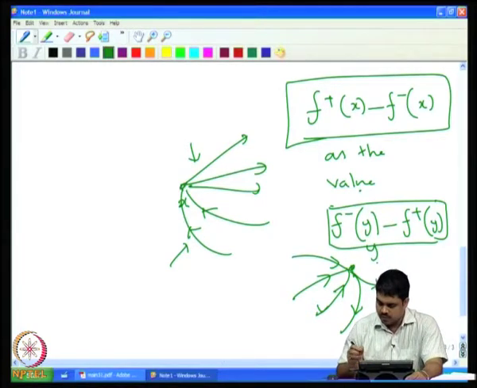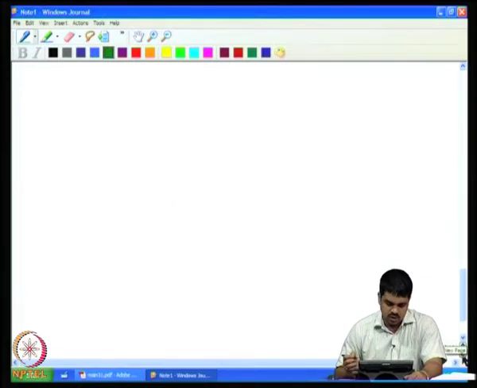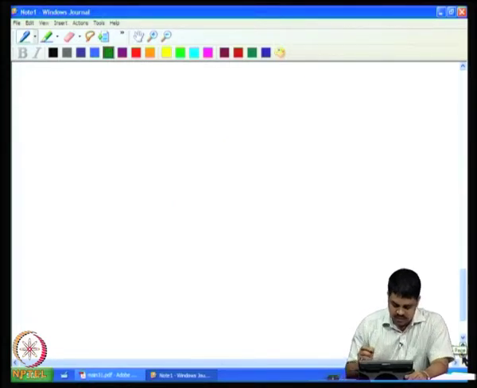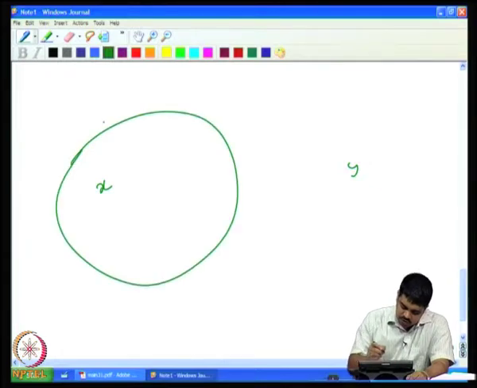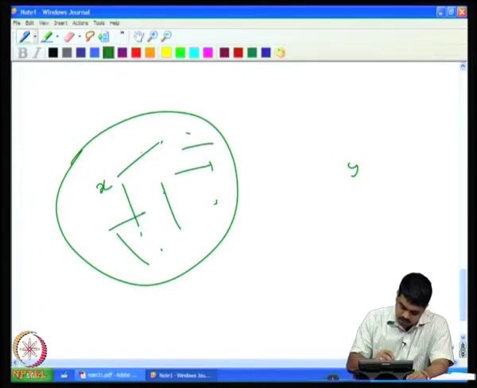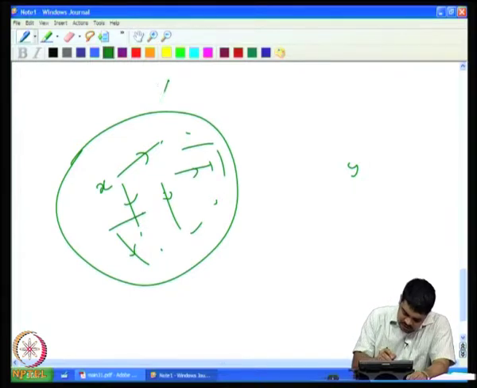We will rather prove a much stronger statement: not only are they equal, in fact, if you take any set, suppose you have this network with x here and y here, and then you identify a collection of vertices in the network with some connections, and let us say this is x.